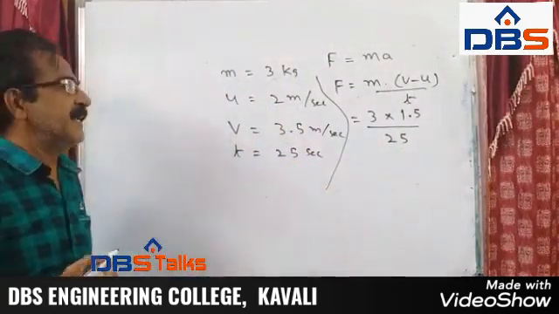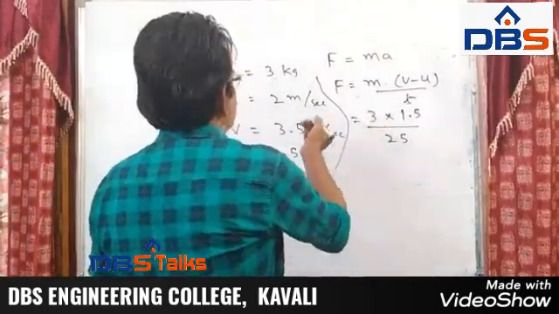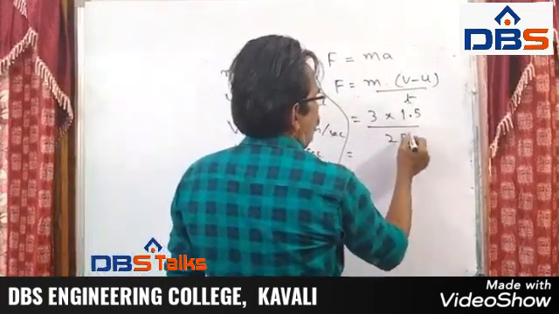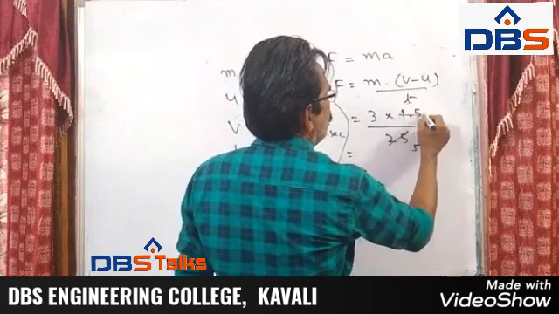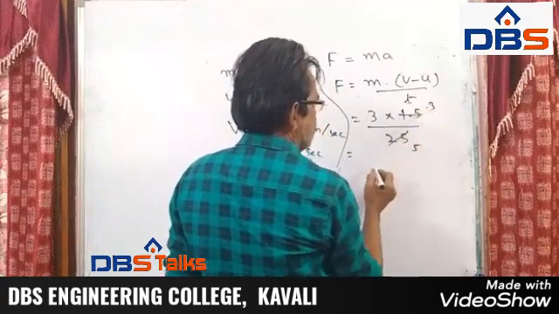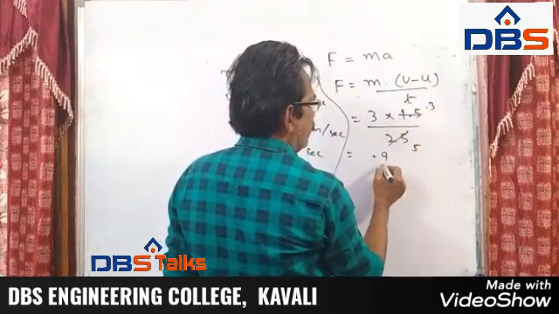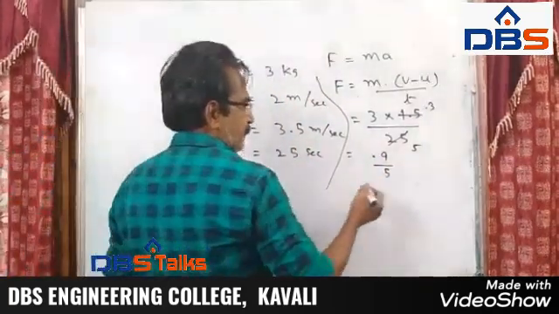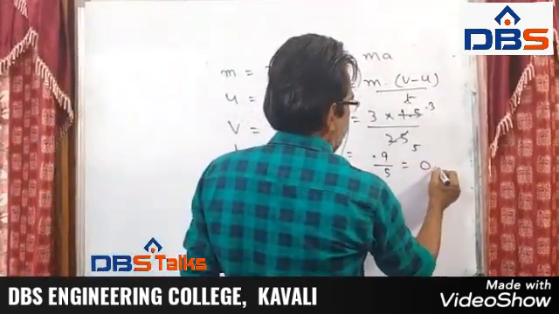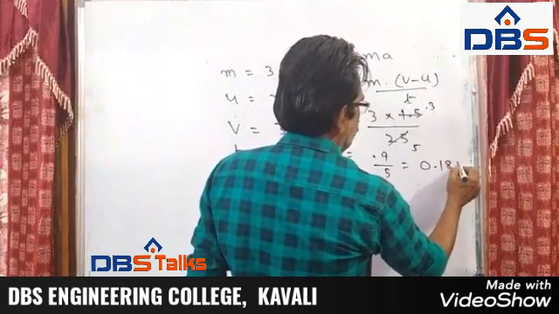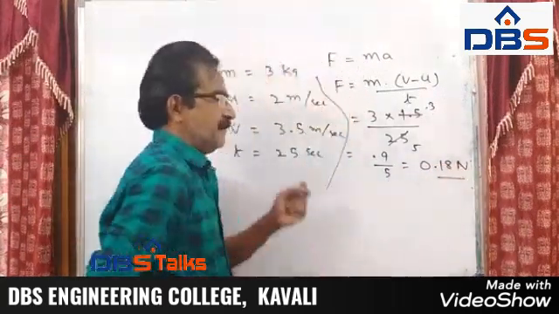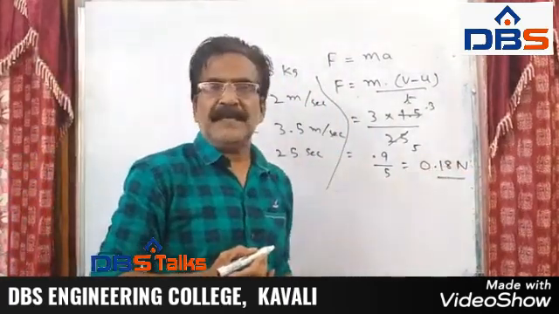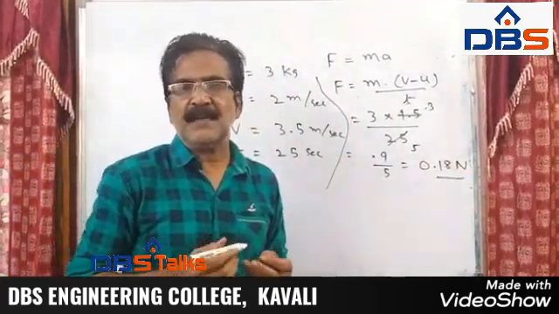This is the F. So 5 5s, 5 3s, 0.9 by 5, that is equal to 0.18 newtons is your answer, friends.